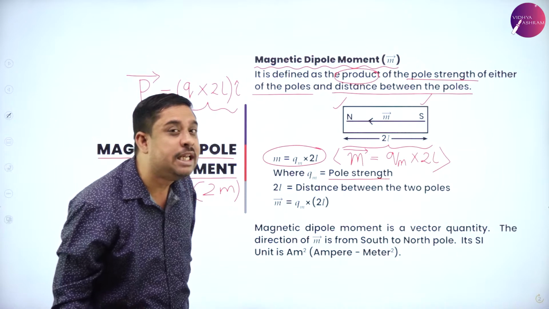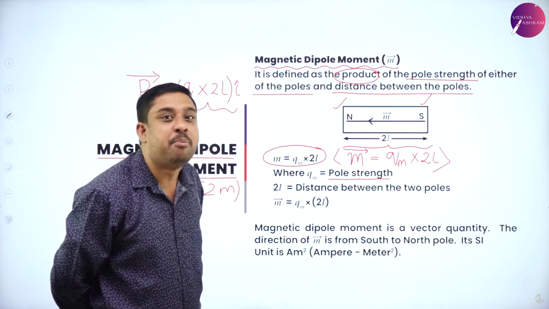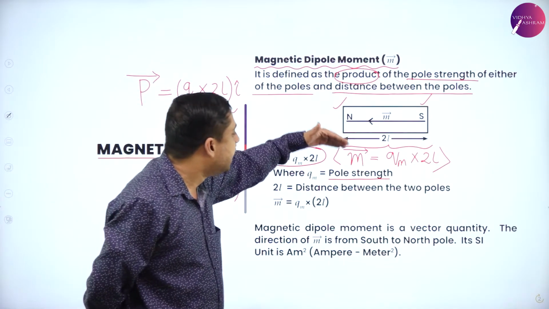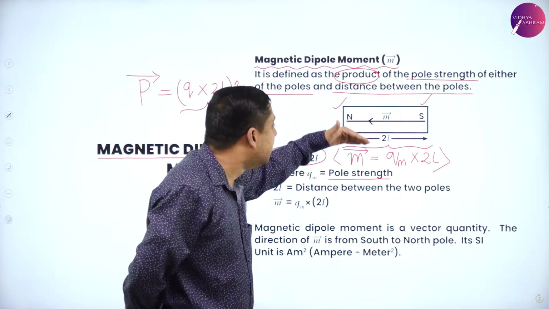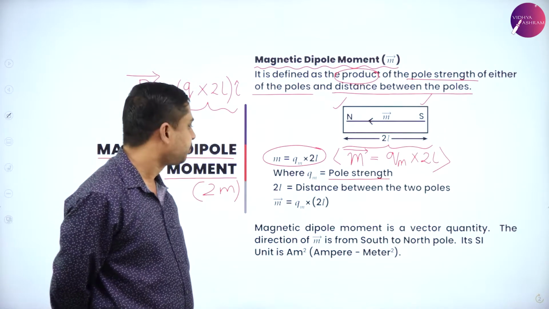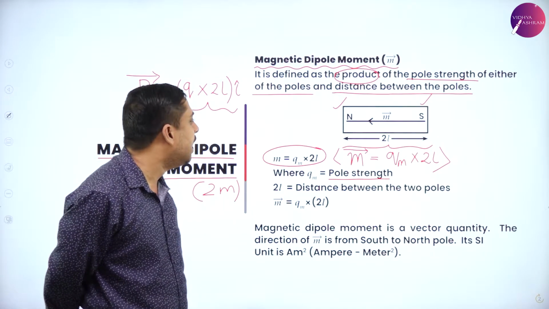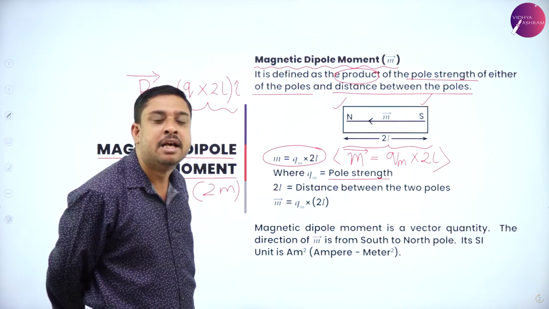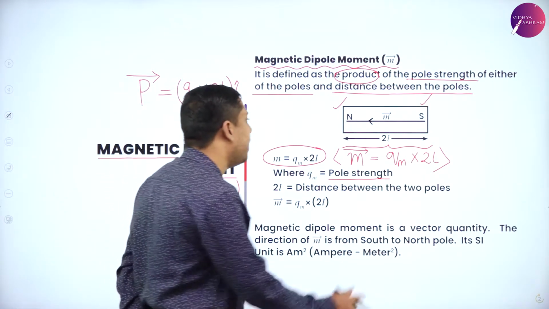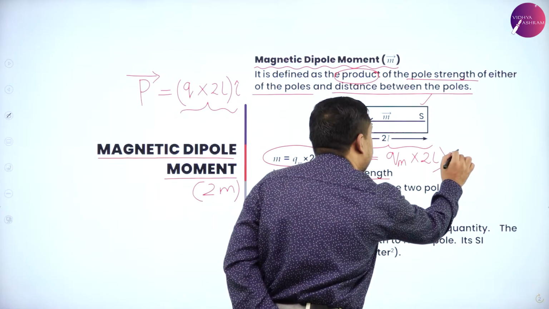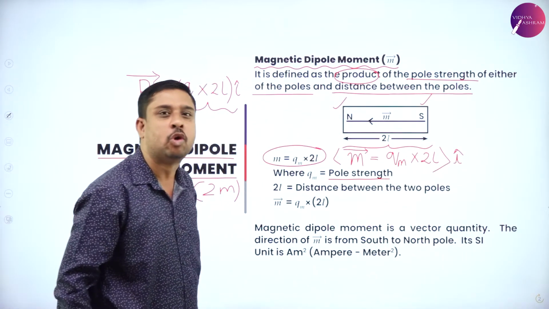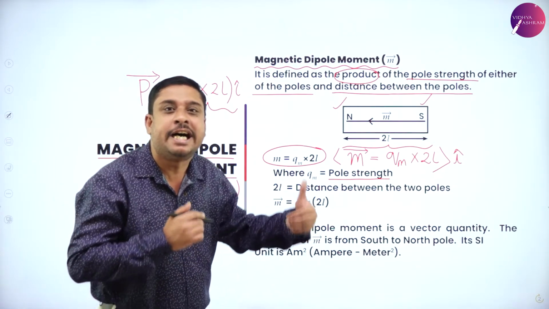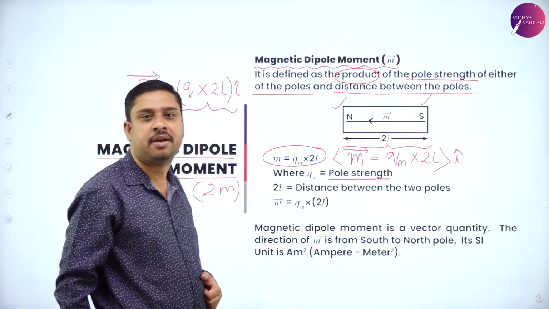In the electric dipole it was the magnitude of the charge. Here it denotes the pole strength, and 2L is the distance between the two poles. And I put a unit vector I cap so that it becomes a proper vector representation.